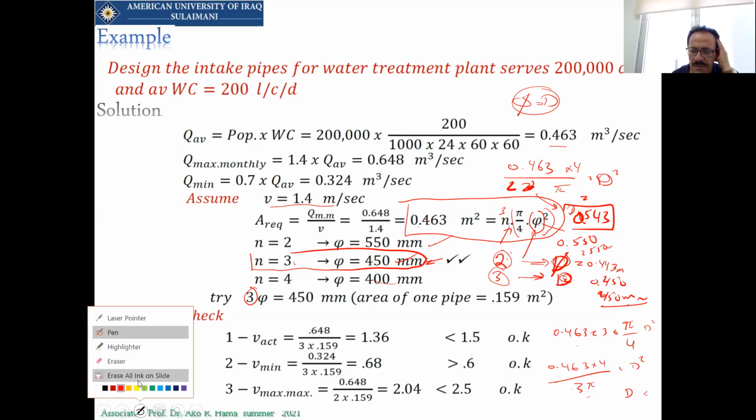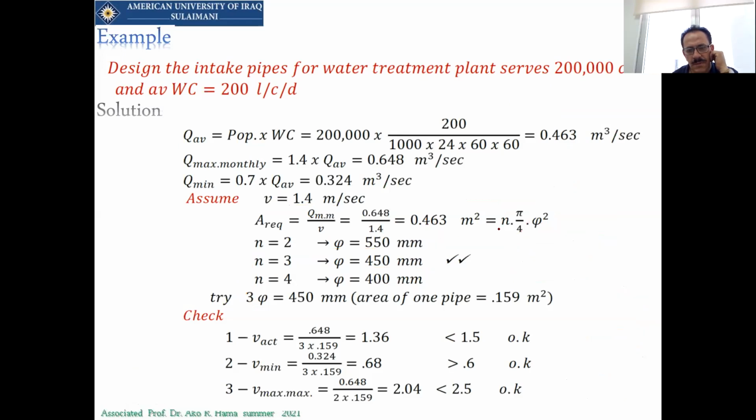Is that clear? My question is, how do we get the area of one pipe as 0.159 meters squared? So we agreed to use 3, and the diameter of each should be 450.